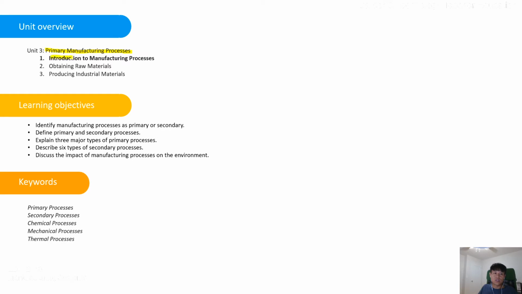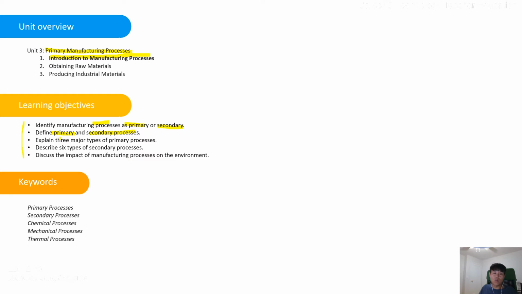This is the introductory manufacturing process chapter, and I have 5 learning objectives. Identify manufacturing process as primary or secondary. This module is just an overview of the 2 processes, and define primary and secondary process.